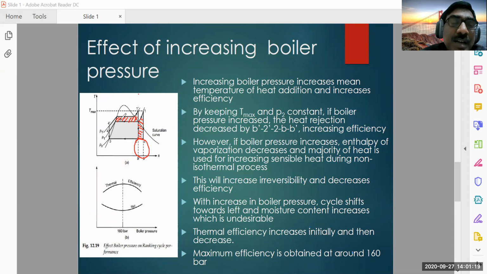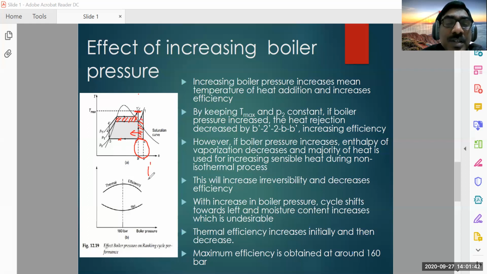What is happening here? Sorry, this is the boiler pressure you are increasing. This point is moving towards the left because you are keeping this maximum limit constant and this also constant. By keeping these two points constant, if you increase the boiler pressure, this line will shift leftwards.